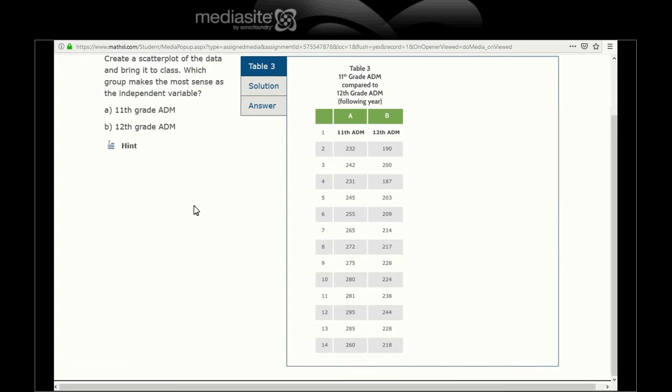Which one's the response? So do I want the 12th grade data to explain what's happening in the 11th grade, or would it make more sense to have the 11th grade data be the explanatory for what's happening in the 12th grade? What do you think?